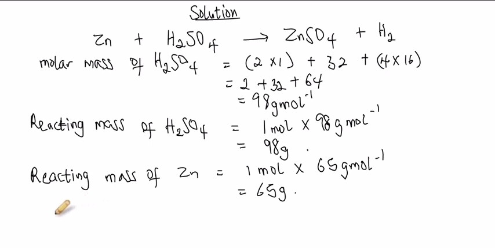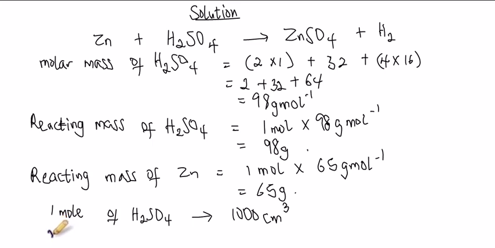The molarity of H2SO4 is given to be 1.0 molar. That means 1 mole is present in 1000 centimeter cube. That is 1 mole of H2SO4 is present in 1000 centimeter cube of the solution.